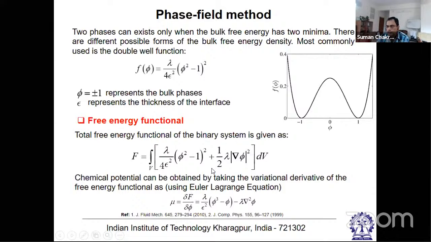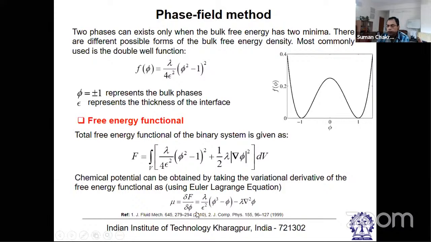From this expression, it is possible to calculate the chemical potential by calculating the variational derivative of this. This chemical potential is important because this chemical potential is a physical indicator of driving force for a change to take place.